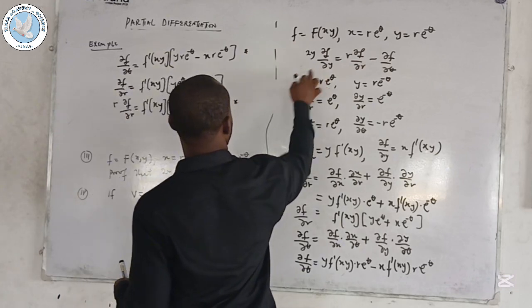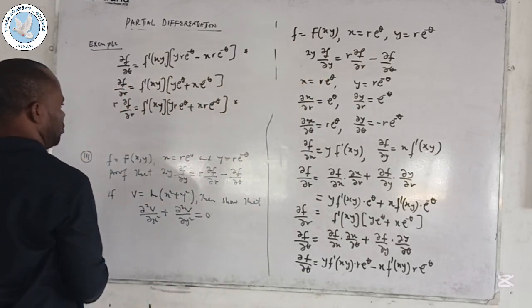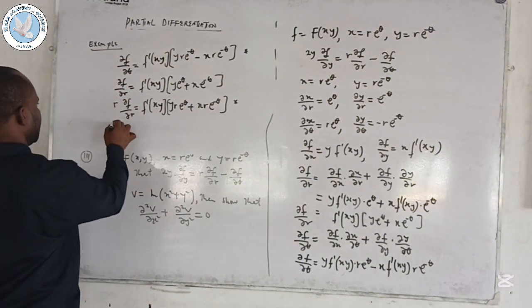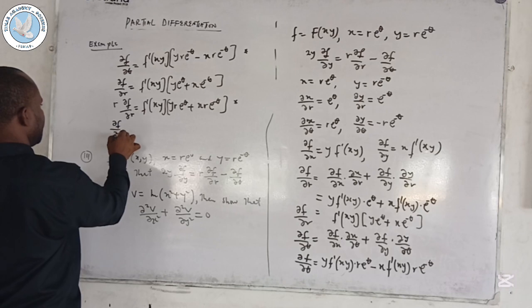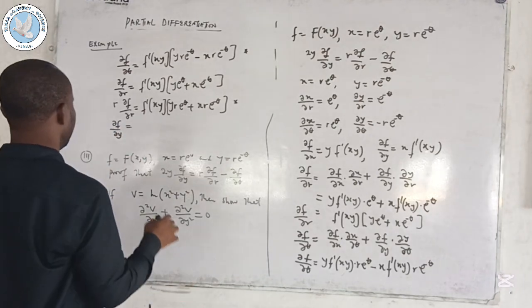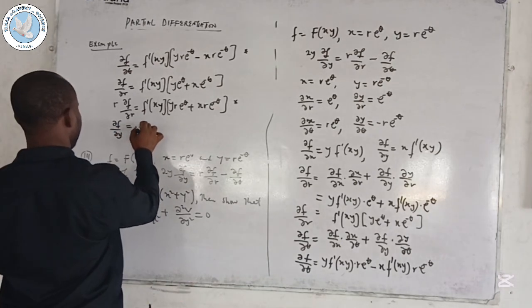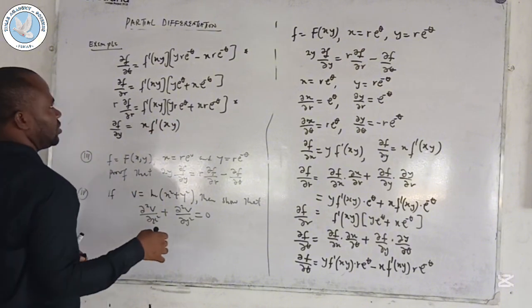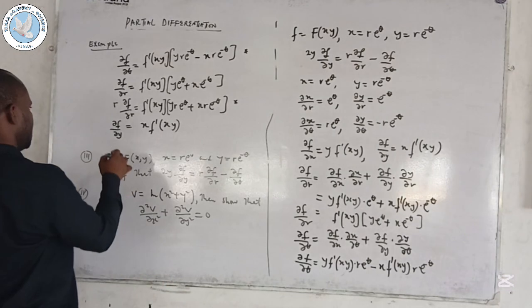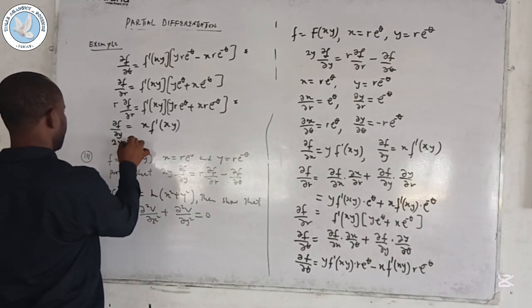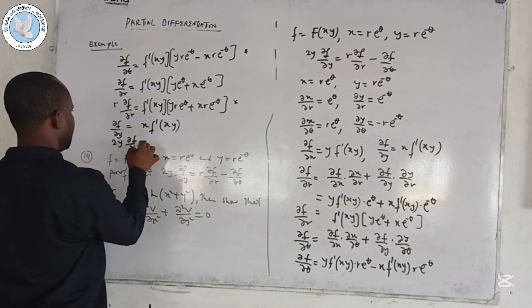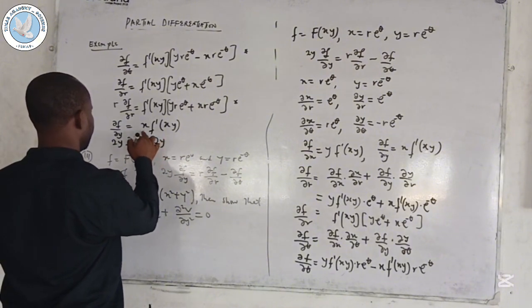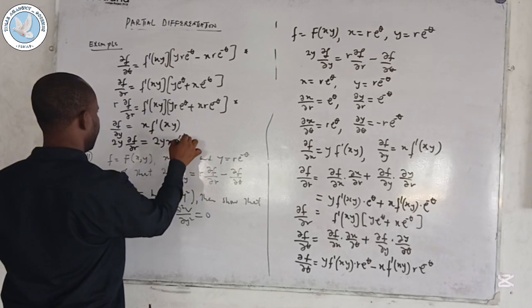The next is this. So the next is that the f dy is actually x prime this, and 2y of that, 2y, the f this is actually 2y x prime this.